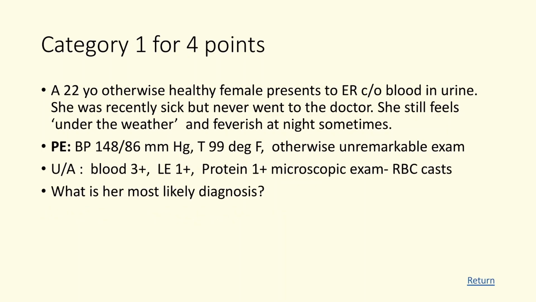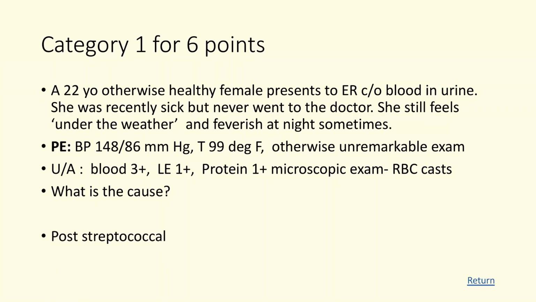Okay, what's the most likely diagnosis for this one? This is your acute glomerulonephritis. She was sick a few weeks ago. Remember, post-sickness, a week or two afterwards, you come in with bleeding in the urine. It's acute glomerulonephritis. What's the cause? Post-streptococcal.